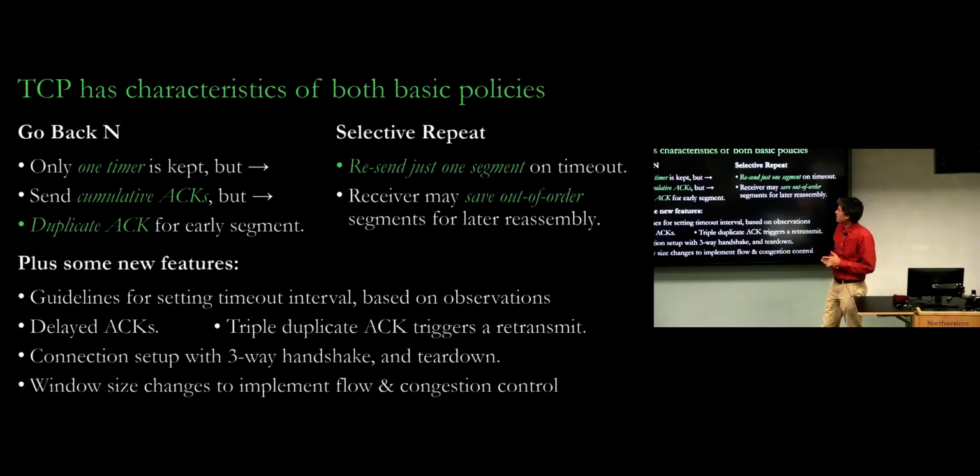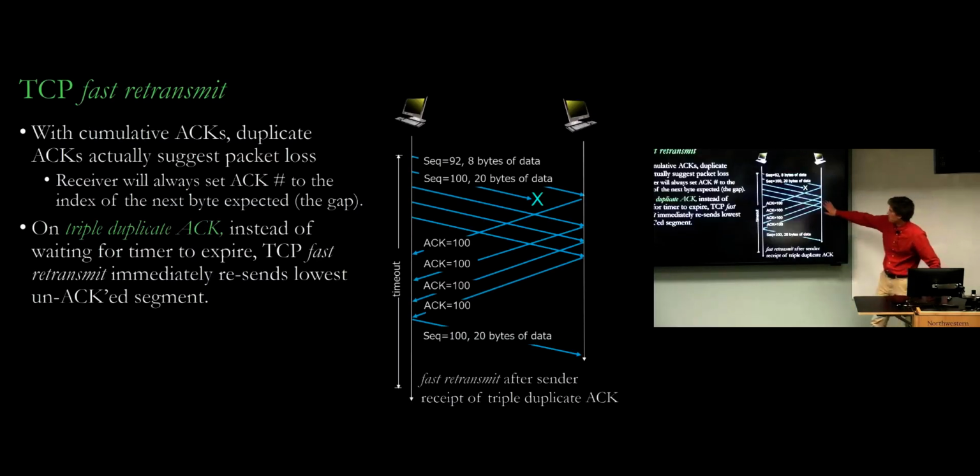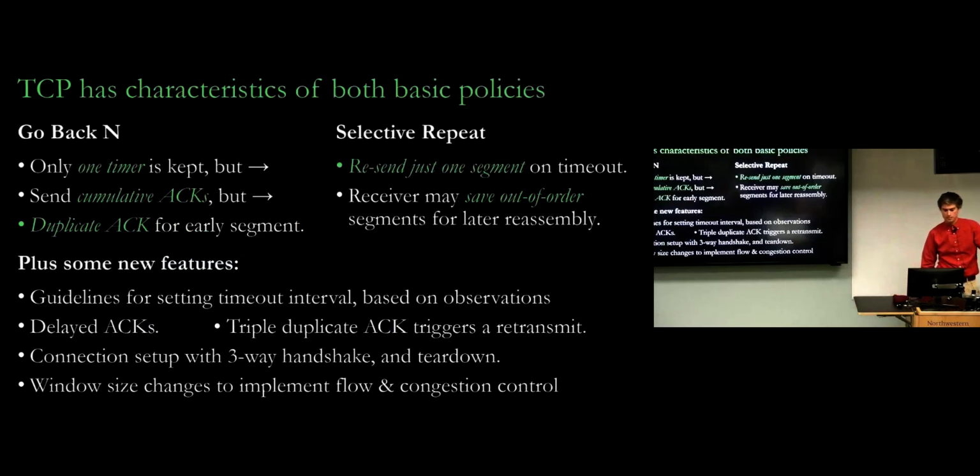And like go back N, a duplicate acknowledgement is sent back if there's an early segment. This behavior of sending back an acknowledgement with a number you previously sent is also in go back N. So the new features that are not present in either go back N or selective repeat are these guidelines I mentioned for setting the timeout interval.